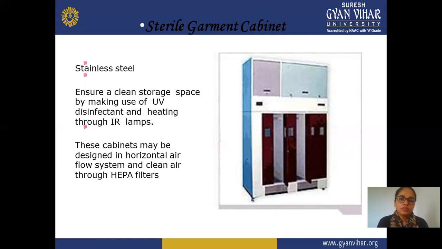So with the help of this equipment, your garments, gowns or any other material are easily sterilized. You just put them in this sterile garment cabinet. There is no specific work or specific personnel required. This is the sterile garment cabinet.